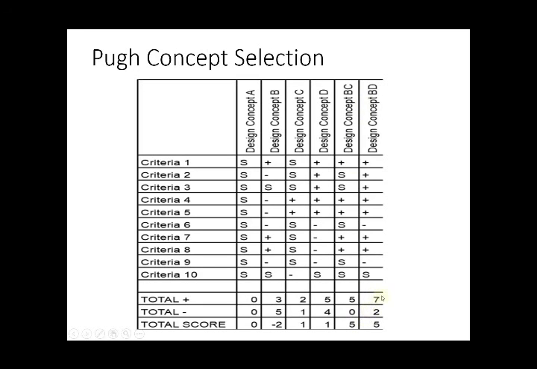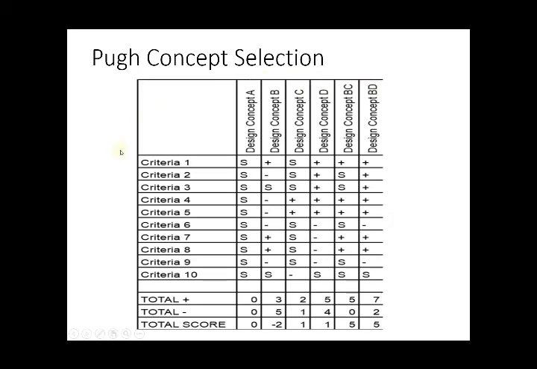Plus signs are more for BD, that is 7. Minus signs you have 2, so the score is 5. Here you have 5 plus signs and 0 minus signs. So even though these two are equal, design BC is more superior because it does not have any negative sign.